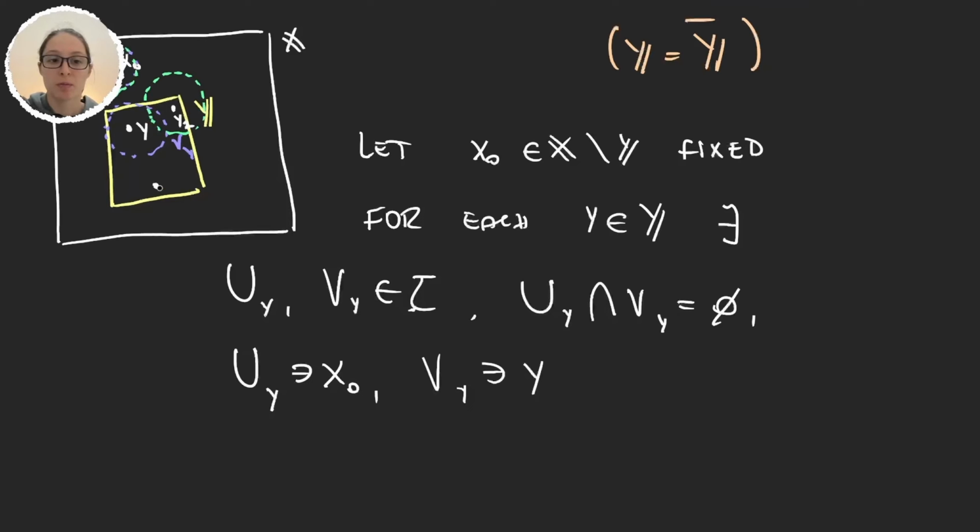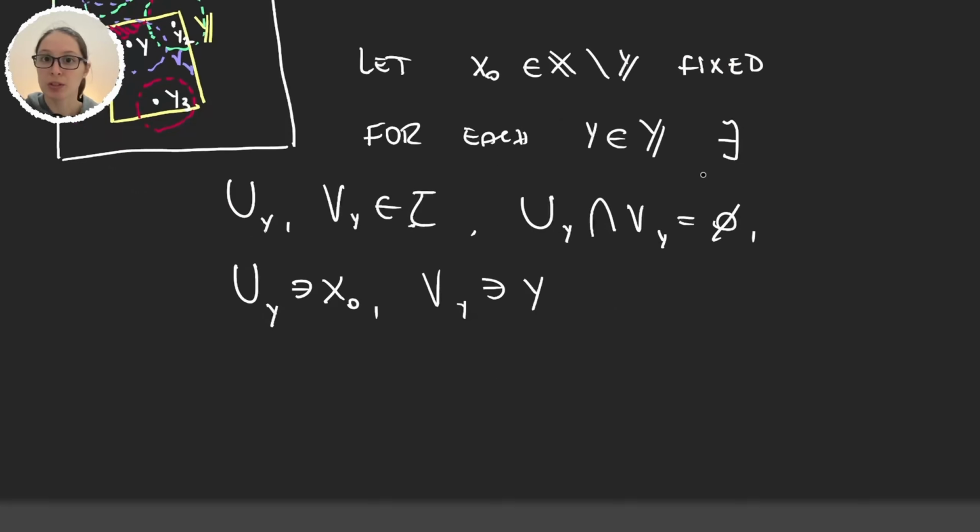But we don't know if something like this could happen. For some y, we could have here some neighborhood, but the neighborhood around x0 could intersect our set Y. The only thing we know is that this neighborhood of x0 and the neighborhood of y do not intersect. So now let's consider these sets.